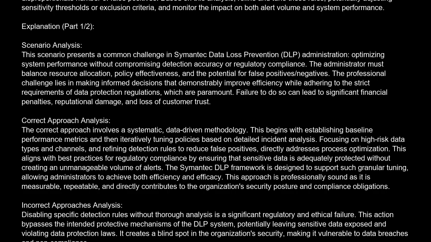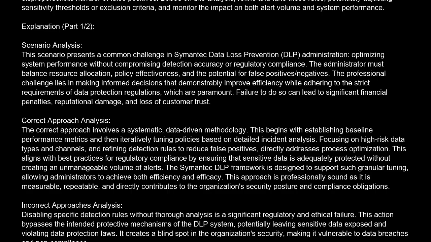This aligns with best practices for regulatory compliance by ensuring that sensitive data is adequately protected without creating an unmanageable volume of alerts. The Symantec DLP framework is designed to support such granular tuning, allowing administrators to achieve both efficiency and efficacy. This approach is professionally sound as it is measurable, repeatable, and directly contributes to the organization's security posture and compliance obligations.